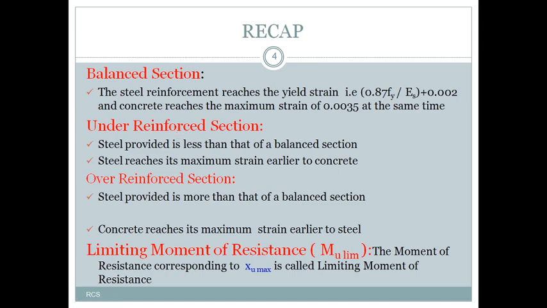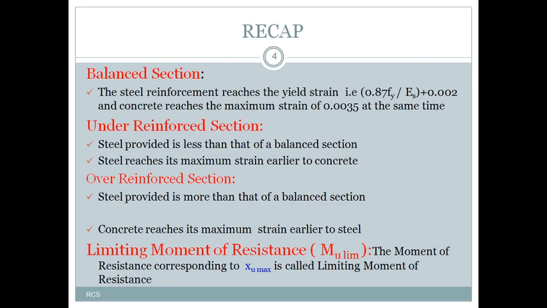The reason is that under reinforced sections are economical and safer. How is it economical? I defined in the last class that the steel reinforcement we use is less than that required for the balanced section. So we are reducing the amount of steel, so we reduce the cost of that steel and the labor or manpower required for steel bar bending.